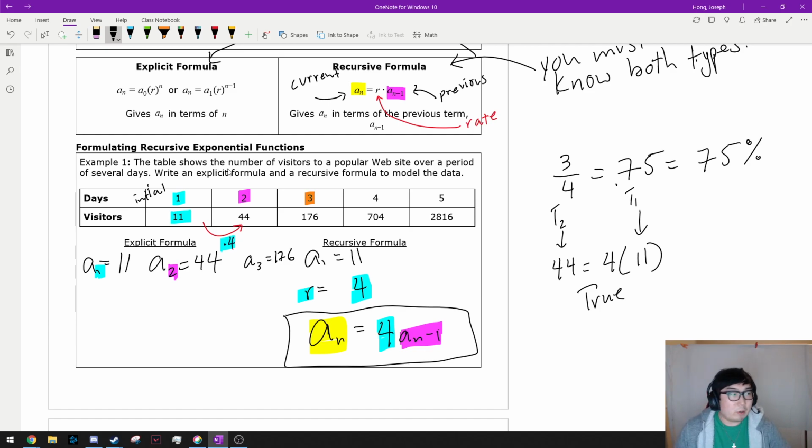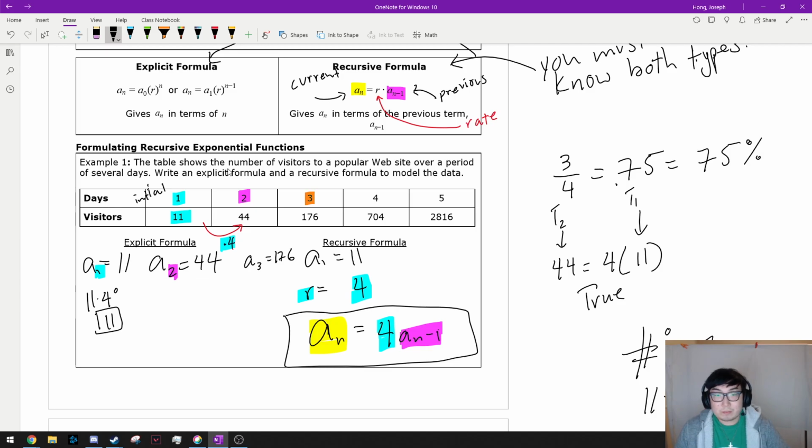The reason why I want to write that is because I can say that I can do 11 times 4 to the power of 0. This is equal to 11, right? Because any number to the power of 0 is equal to 1. So 11 times 4 to the power of 0 is equal to 11 times 1, which is 11. So 11 is my answer right here.